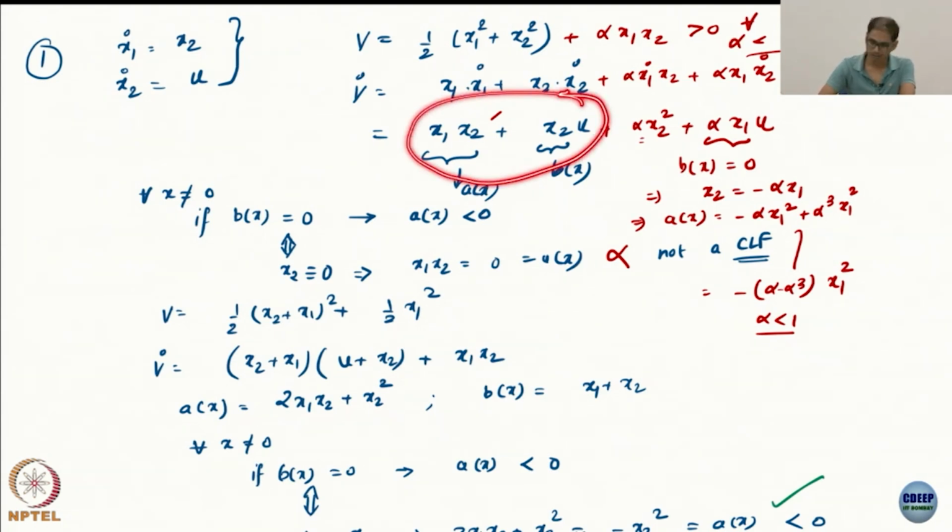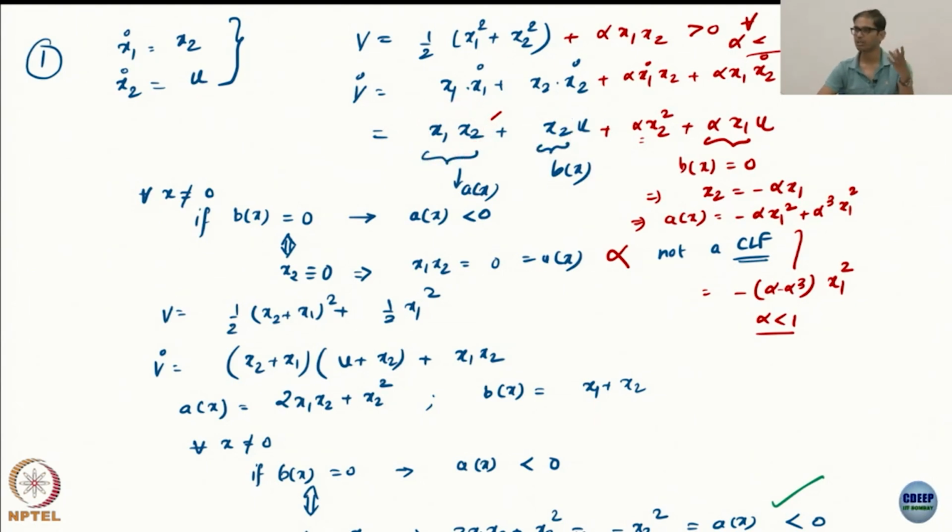Here the control vector field term, the Bx, was x2, and the drift term was x1 x2, right. So this is the LF1V and this is the LF0V. So what do we want? We want that whenever this guy is 0, this guy is negative for all non-zero states, right. Now if this guy is 0, we know that x2 is 0, which means this guy also turned out to be 0. So this was not a good CLF.